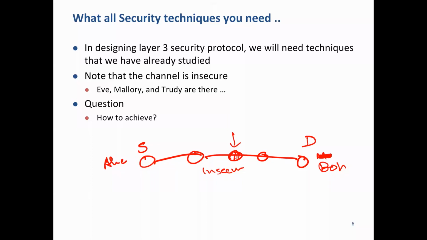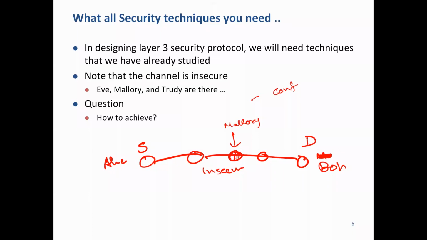So now the question is how do we achieve whatever we want to achieve in terms of security? Nobody should see our content, Mallory or Trudy should not see it, and they should not modify it. What we are trying to achieve there is confidentiality.